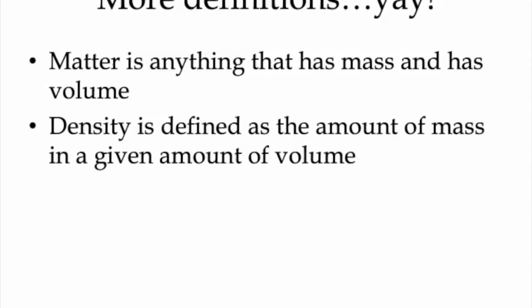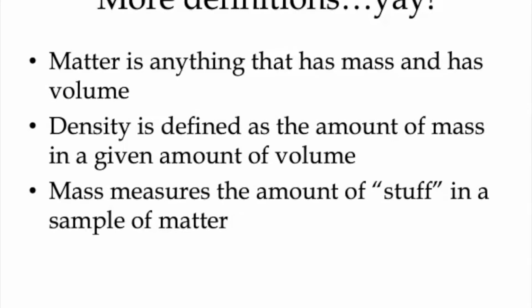And much like back in the days of the dictionary, when you'd look up one definition and there'd be a bunch of words you didn't know and have to look those up too, we also have to define, well, what is mass? There's a much more scientific way of defining it, but I really think about mass as the junk in the trunk, to be totally inappropriate about it. It's really the amount of stuff that's in a sample of matter.